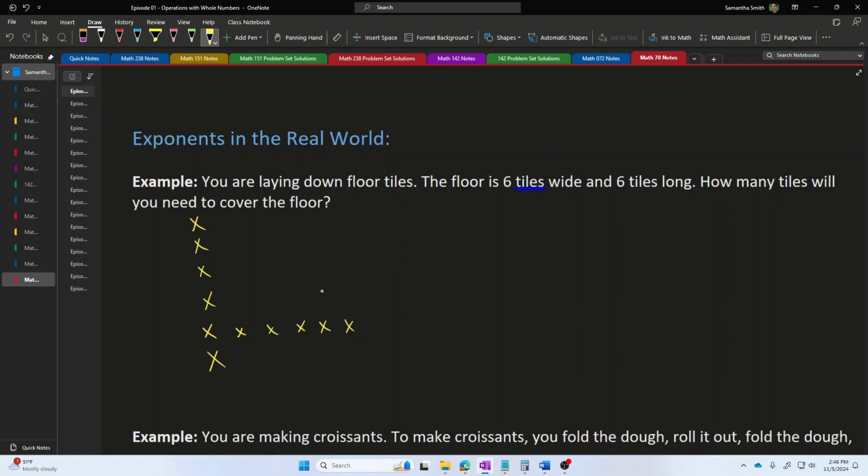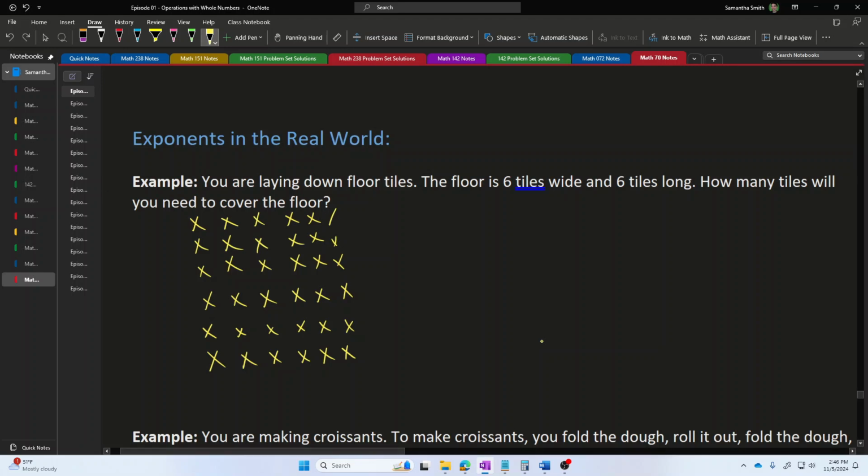So the question is, if these are the dimensions of the floor, how many tiles would it take to cover the whole floor? Well, it would take 6 tiles to cover this row. It would take another 6 tiles to cover this row, another 6 for this row, another 6 for this row, another 6 for this row, and another 6 for this row.